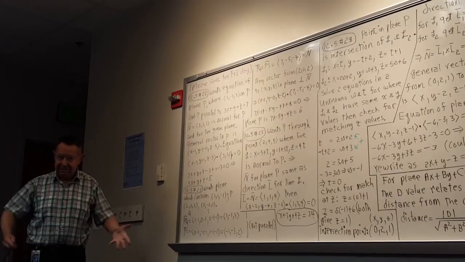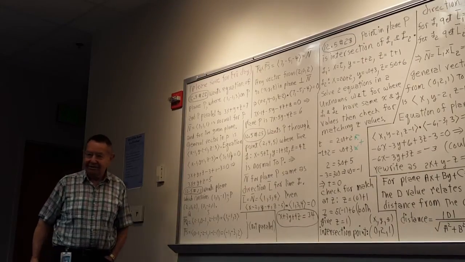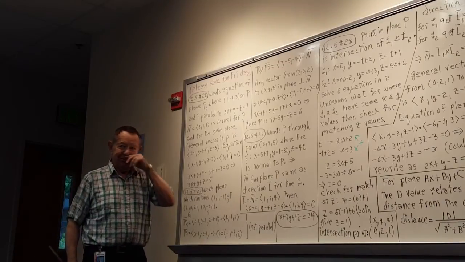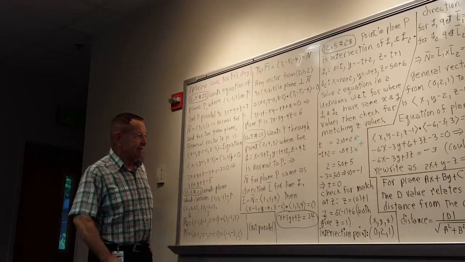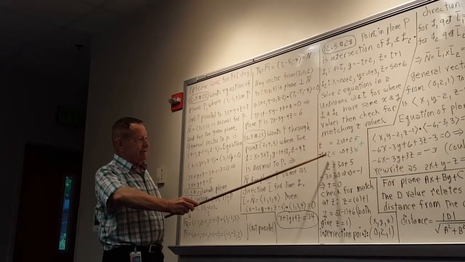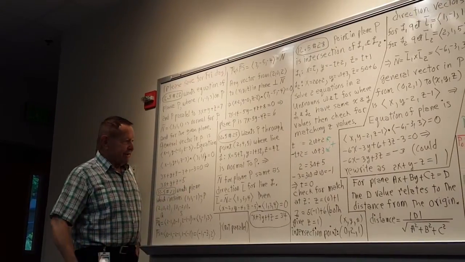If they won't, then the lines are skew and you can't do the problem. You know that since the problem's in the book, it's going to work, but you still don't know what the numbers are. So this is not very difficult algebra.